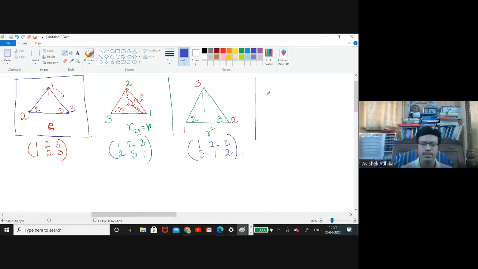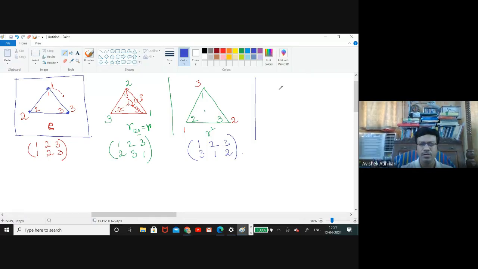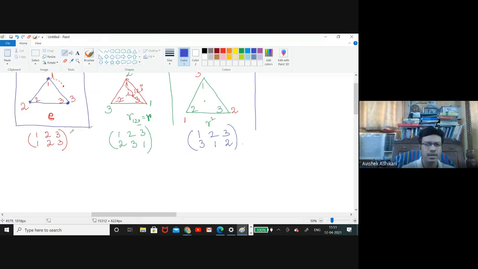Yes, tell me. Sir, reflection. Reflection. Very good. So if I consider reflection about this axis, maybe say this is my equilateral triangle, 1, 2, 3, and I could have a reflection about this axis, right?